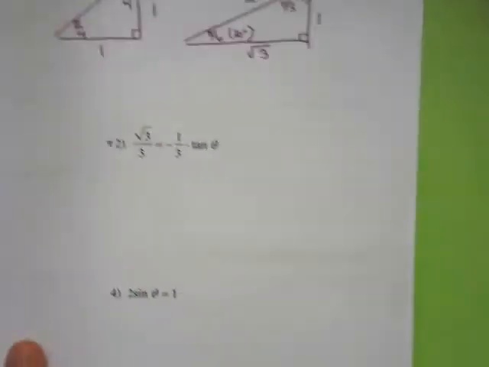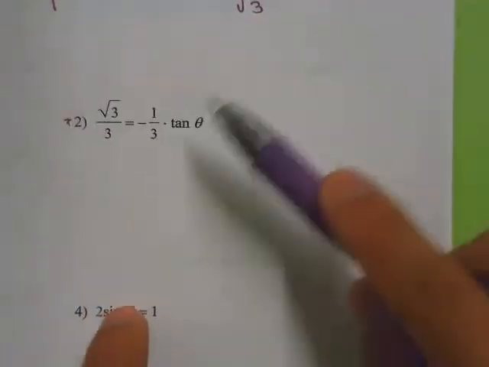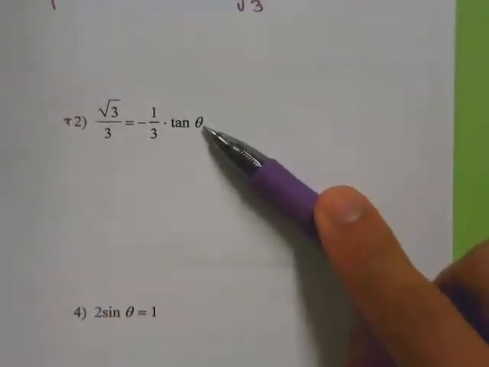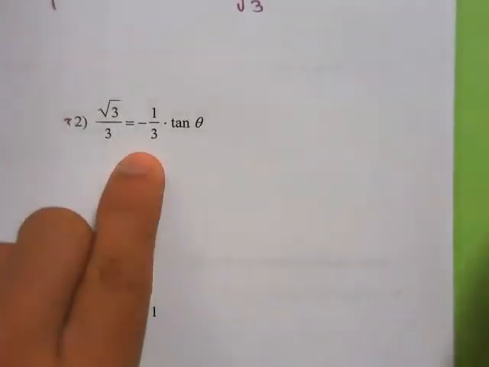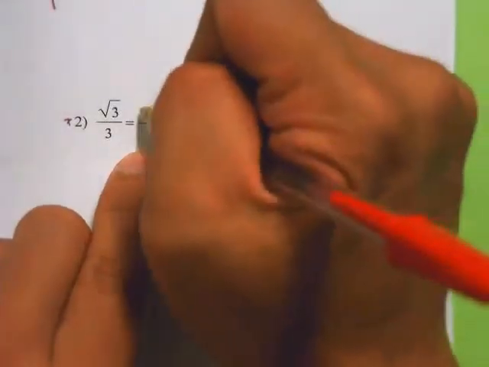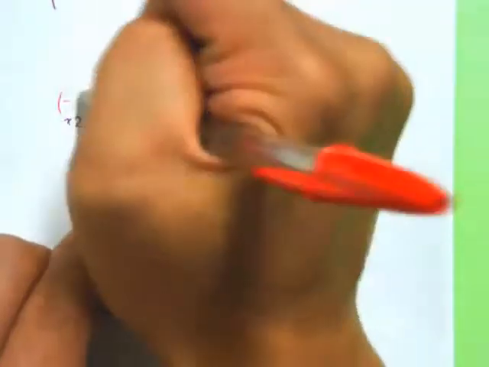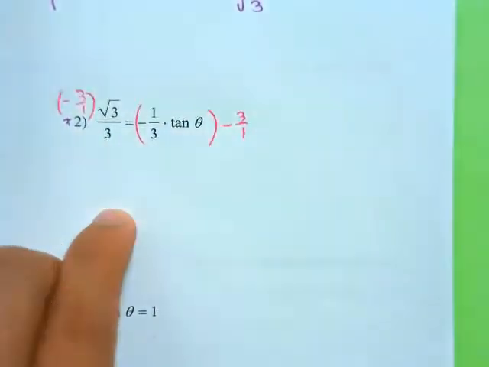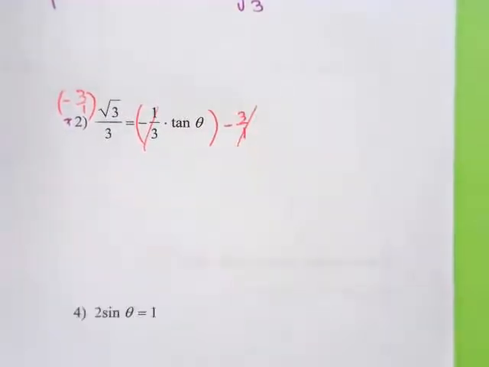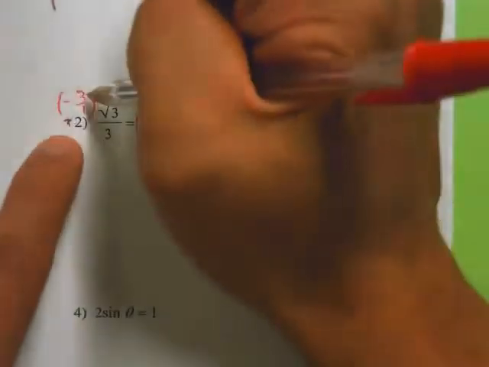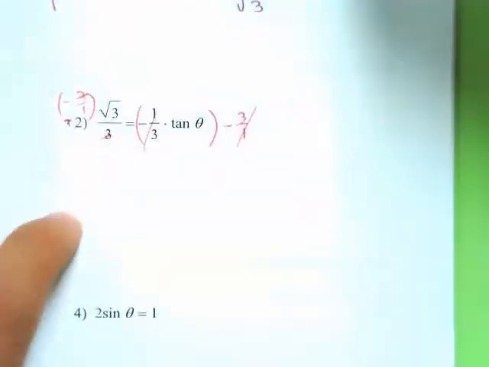Okay, really when you look at number 2, you want to solve for the radian, so you want to get this by itself. What I would probably do is get rid of this fraction by multiplying both sides by negative 3 over 1, apologies. Those are going to go away, and then this 3 and this 3 undo each other.